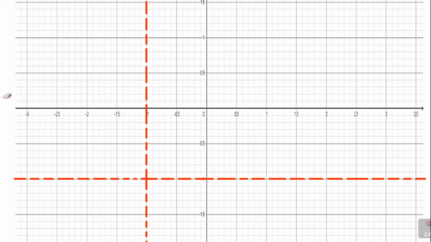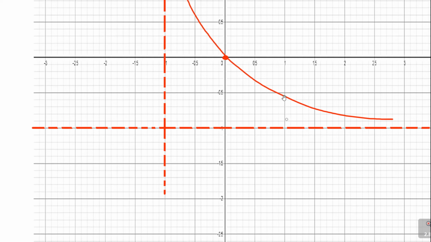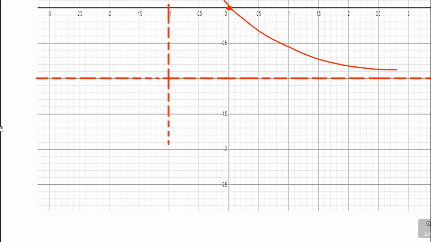Okay, then we said when x is equal to 0, y is equal to 0, and then this graph is on this quadrant coming like this, and you know it's in quadrant 1 and 3, so I can continue this graph like this slowly to the end.